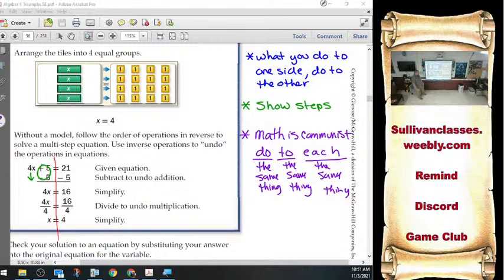This problem can be solved by actually dividing by 4 first. Where kids screw it up is they'll divide this by 4 and that by 4. Who got left out? If I divide this by 4 and this by 4, who got left out? The 5.